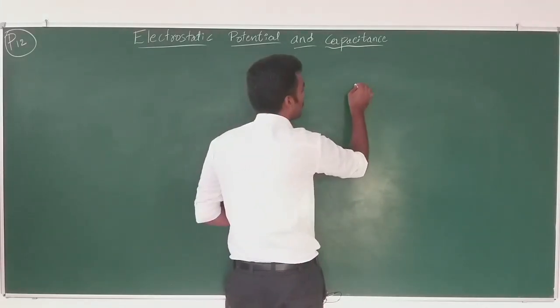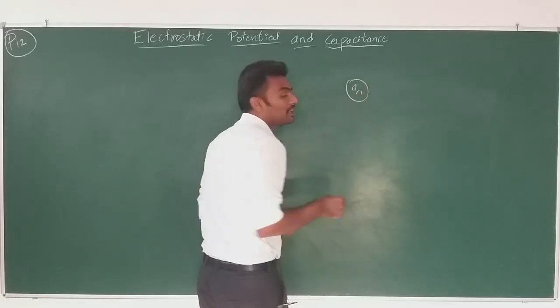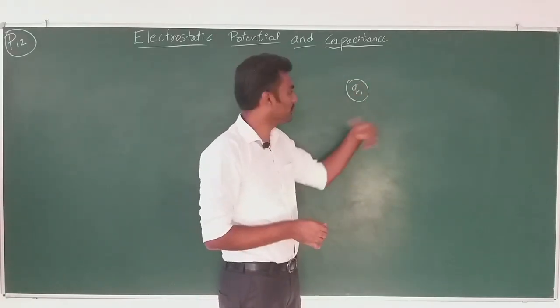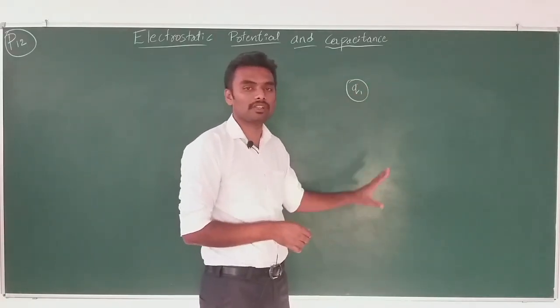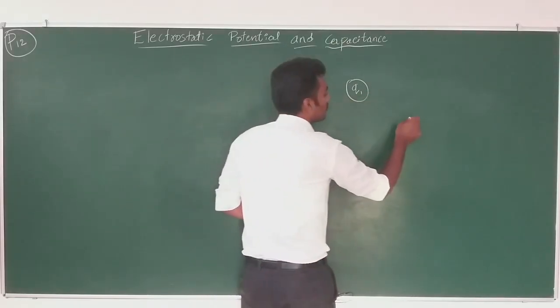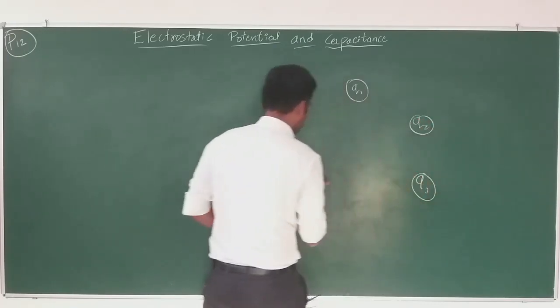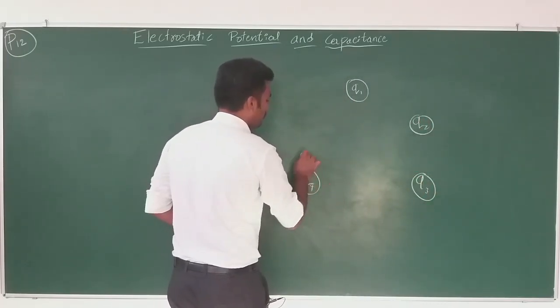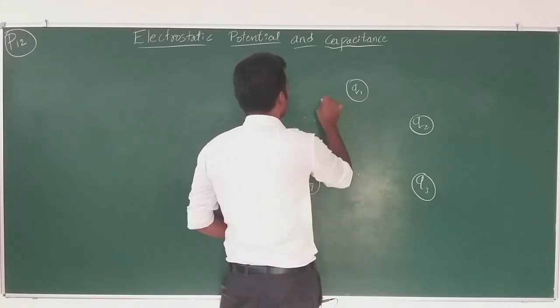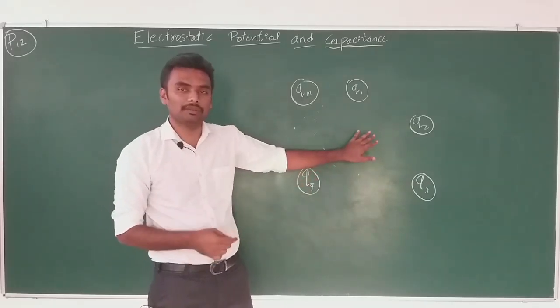Now, say this is charge Q1. It can be positive or negative. If it is positive, potential due to that is also positive. If it is negative, potential due to that is also negative. So, Q1, Q2, Q3, Q4 and so on, Qn be the n number of charges in our system.